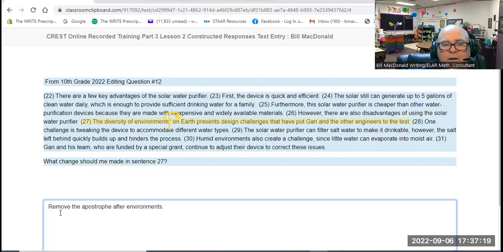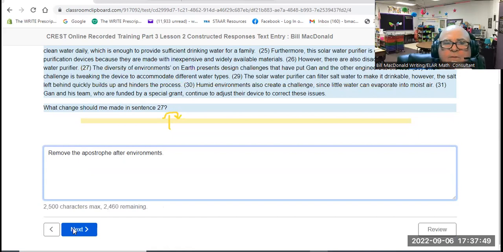And you would understand, they could also write environments instead of environments apostrophe S. So that would be my answer choice that I would choose for that one.